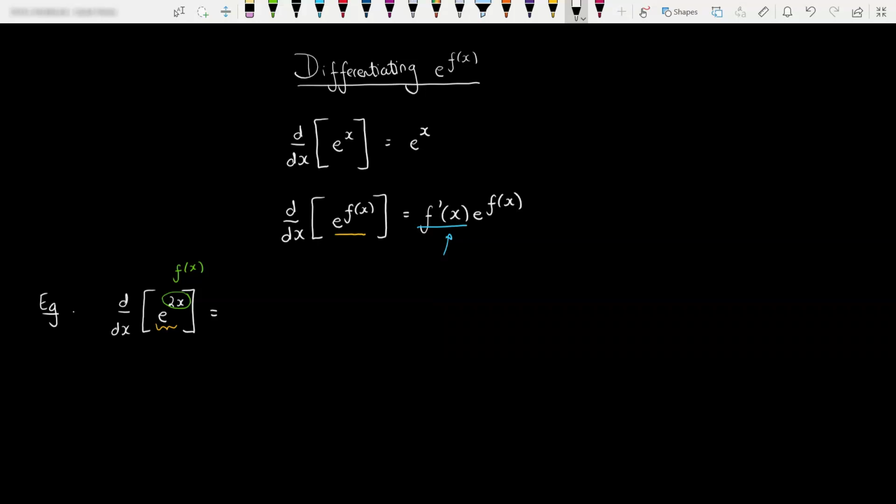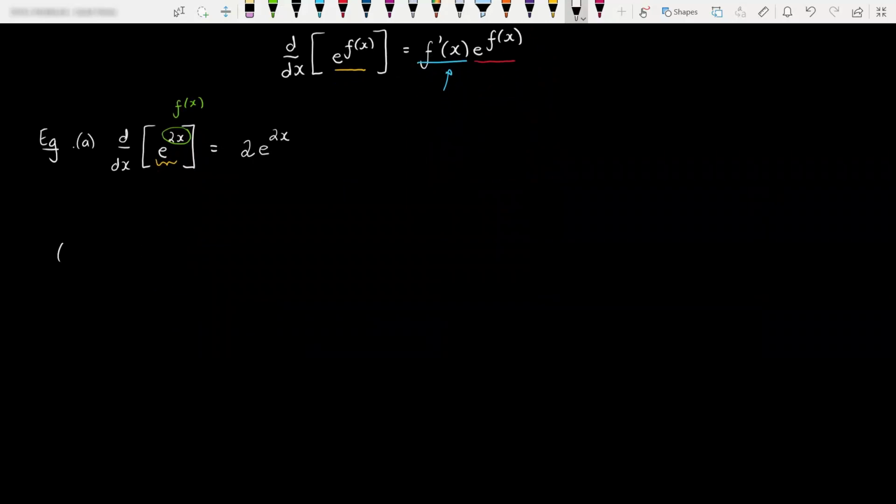And all we do is multiply that 2 onto our e to the power of f of x function, which in this case is e to the power of 2x. That's the answer. All we're doing is differentiating whatever's in the exponent, and we just multiply that value onto our original e function.